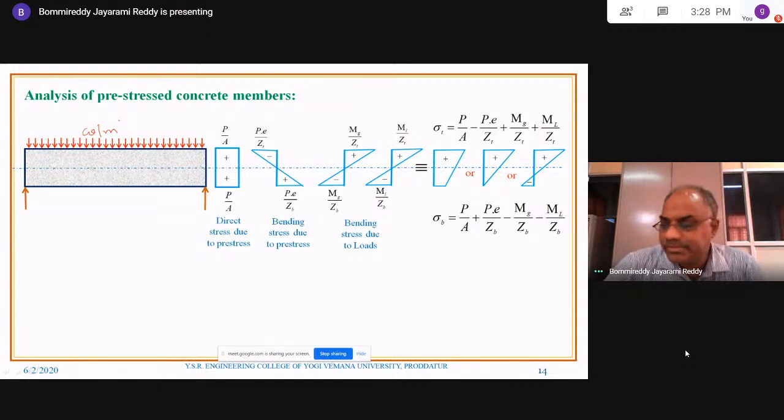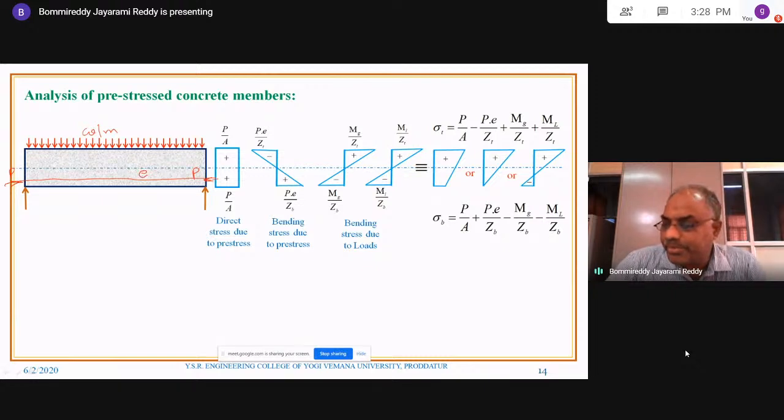Because of the pre-stressing, initially applying the force at this level, it is subjected to a compressive force of P. The entire concrete is under compressive force of P at an eccentricity of e.